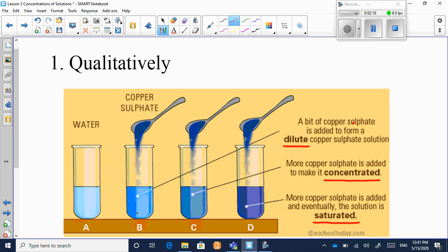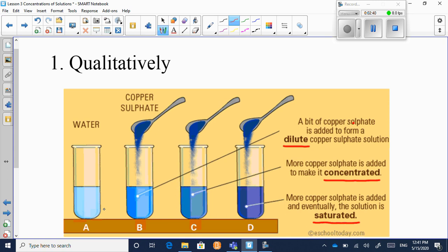And then in C, they add a little bit more copper sulfate. It's starting to get darker in color. And then here at D, they've added as much as they can add to where it's saturated, so it's very concentrated at that level.